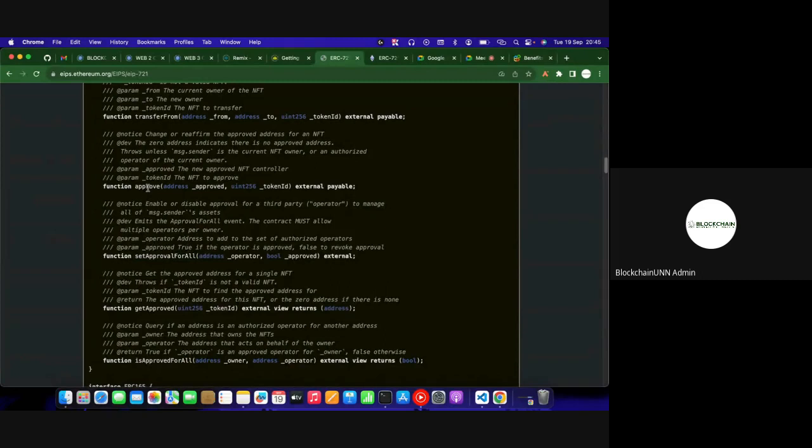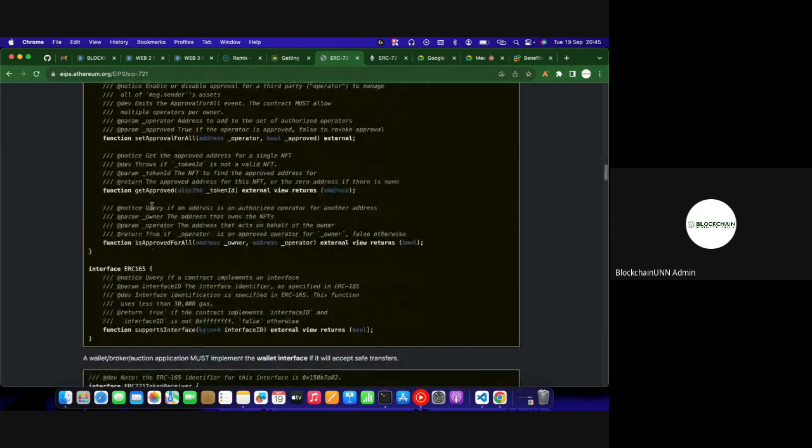So approve is used for a particular address to approve just a single NFT to be spent, but you use setApprovalForAll for an operator who you want to approve to spend all your NFTs. If you want to give an operator, which you normally do for marketplaces, the ability to manage all the NFTs you own, you will do that using the setApprovalForAll function.